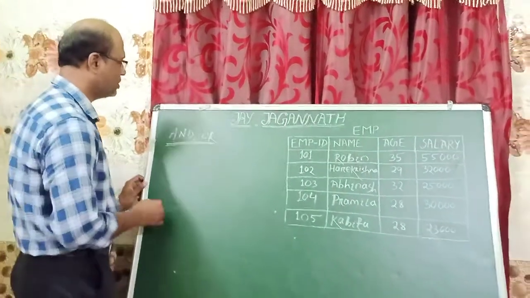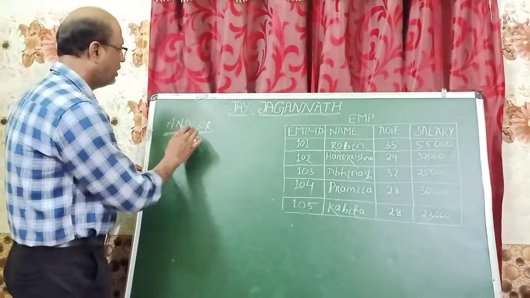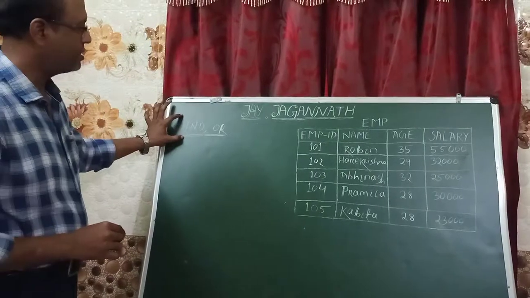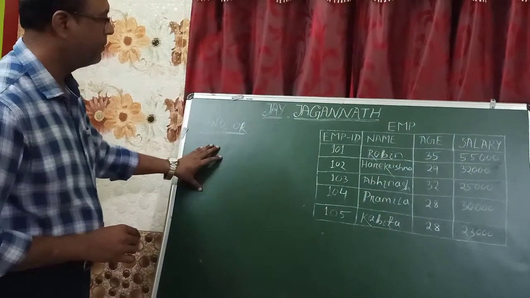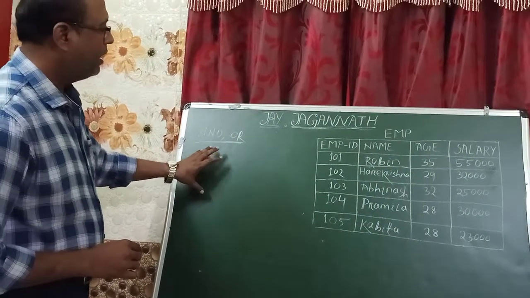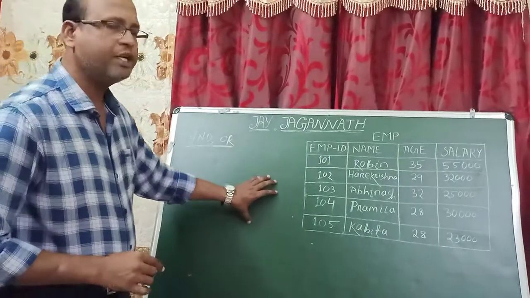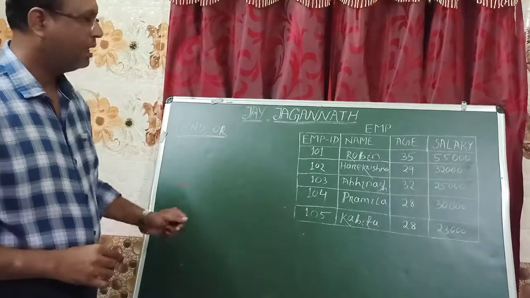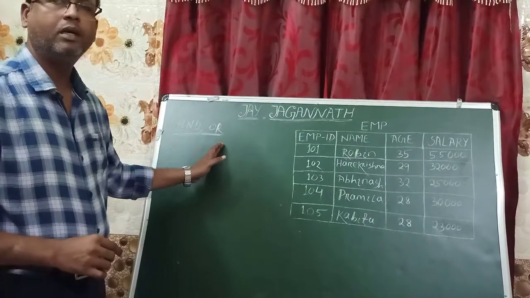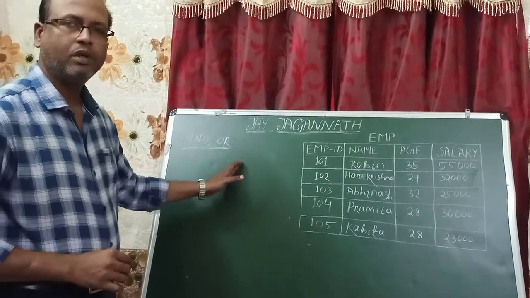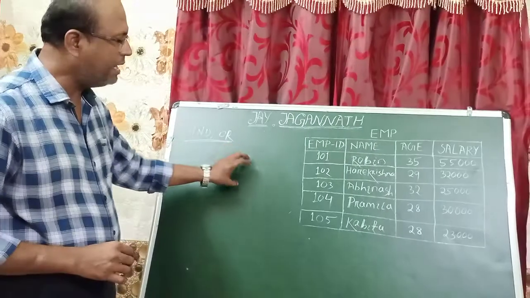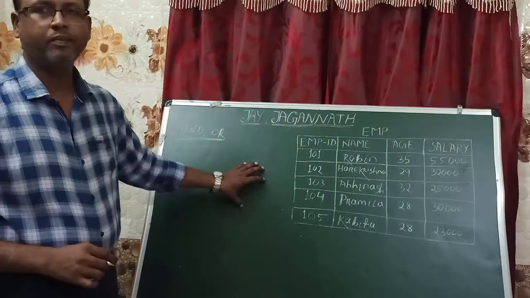Now I am going to discuss that. The AND operator we can use in the where clause when all conditions will be true. And the OR operator we can use when any of the conditions will be true.